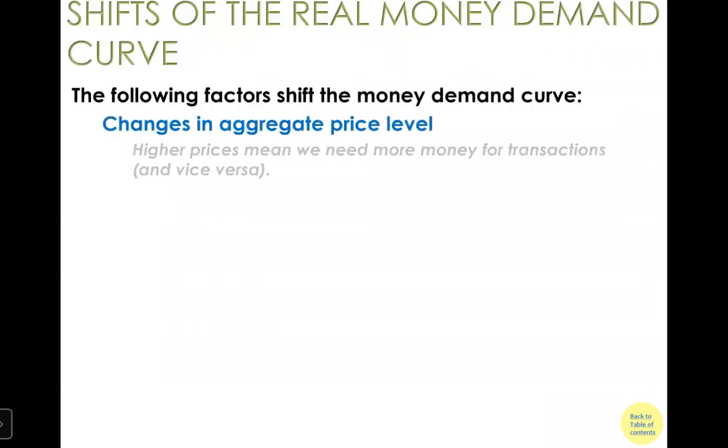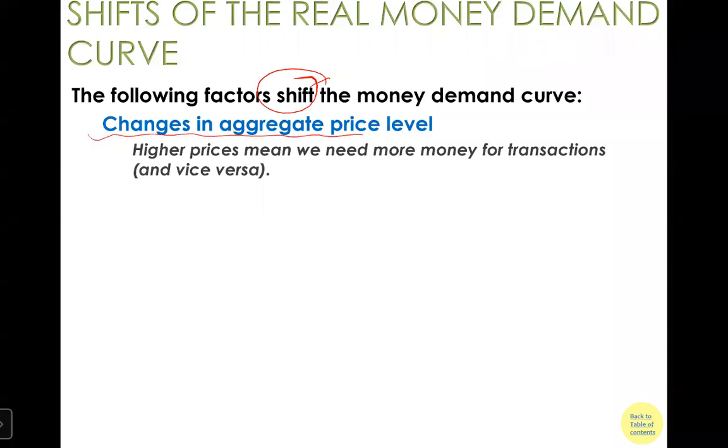Like before, the demand curve will be affected by a few factors, and those factors are going to shift the curve. Remember this shift is not a move along the curve. That's different. First, change in the aggregate price.